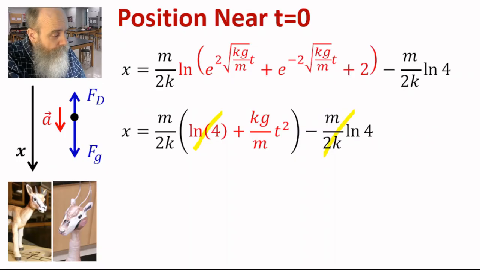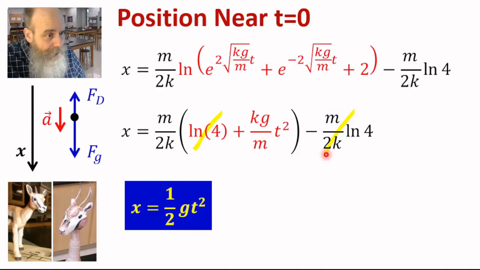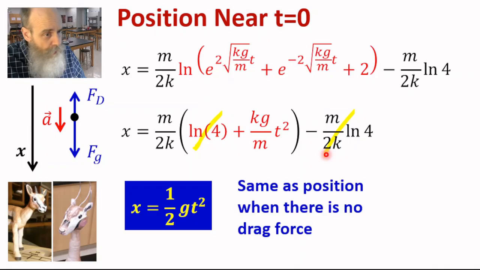So we are left with x equals 1 half g t squared. Same as position when there is no drag force. When there's no drag force, acceleration is just g. And from the kinematic equation, we get x is 1 half g t squared. This complicated function looks very simple when we make that expansion near t equals 0.